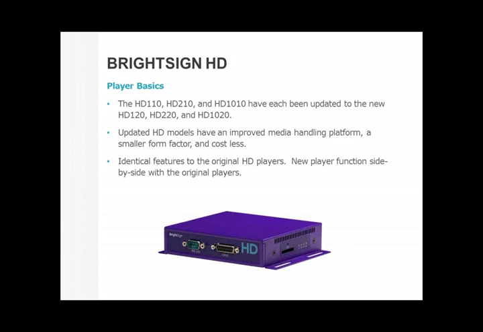The new model players are updated with new CPUs and a smaller footprint. They're physically smaller. They're the same height, but they're not quite as deep and they're not quite as wide, about an inch less wide and about an inch less deep. So you have a slightly smaller footprint.